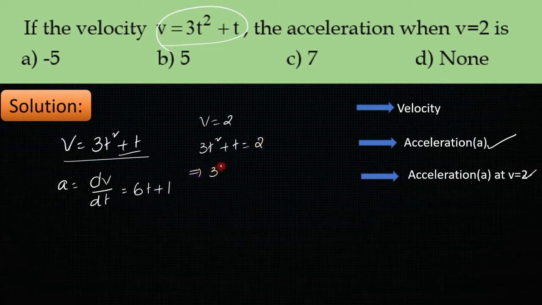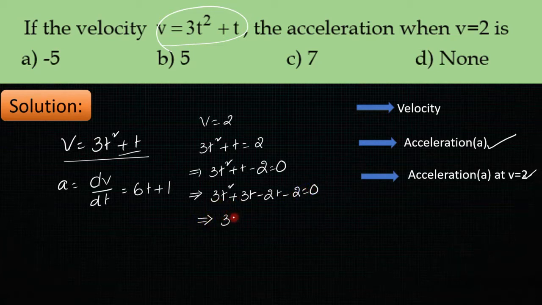v = 2, then 3t² + t = 2. This implies 3t² + t - 2 = 0. This implies 3t² + t can be written as 3t² + 3t - 2t - 2 = 0. This implies in these two terms 3t is common, 3t(t + 1) minus 2 common, -2(t + 1) = 0.